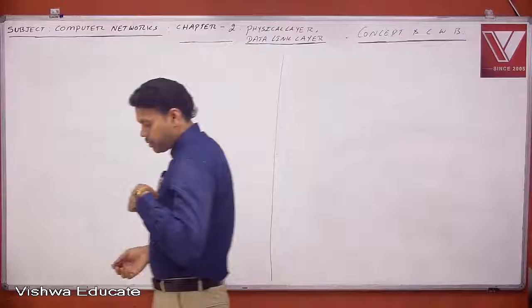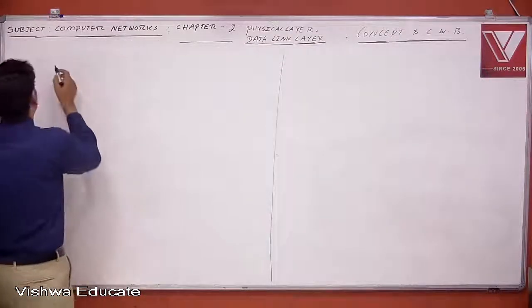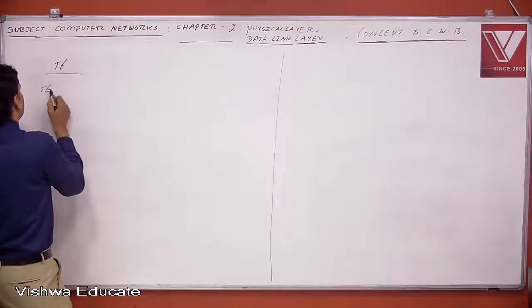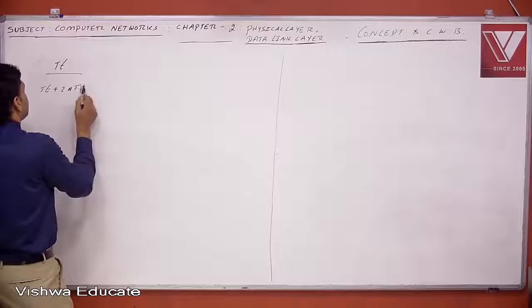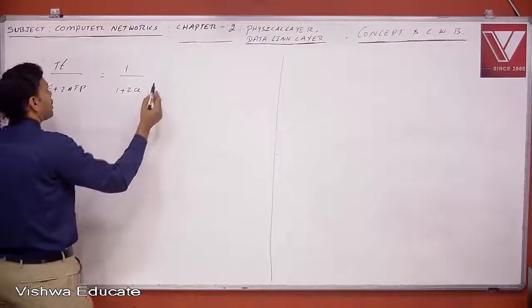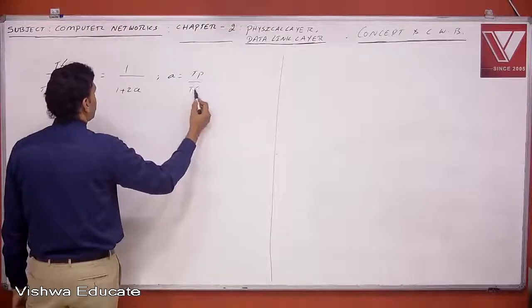Let's have a look at this, friends. The link efficiency calculation I did is Tt by Tt plus 2 into Tp. I have written 1 by 1 plus 2a, where a equals Tp by Tt.